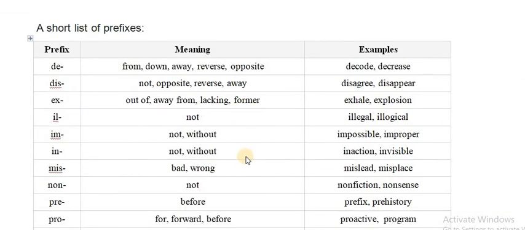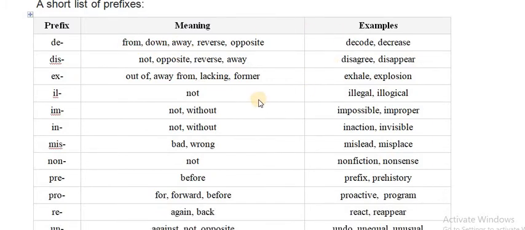Now, here you can see the list of prefixes. On this side you can see the list of prefixes, their meanings, and examples. So let's try to learn all these things and then copy them down in your notebook. D means from or down, away, reverse, opposite.